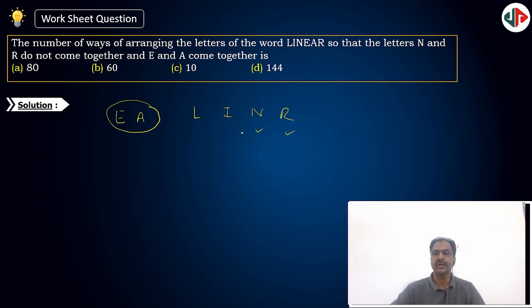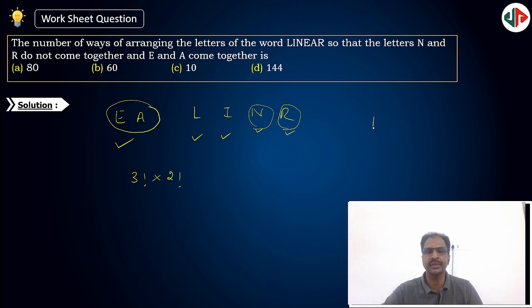Now, another condition is N and R should not come together. So first you have to arrange the remaining letters. Remaining letters means 3 units: 3 factorial ways, into E and A among themselves, 2 factorial ways. So first arrange E, A, L, I. Since E and A should come together, consider these two as one unit and the remaining 2 letters as 2 units.